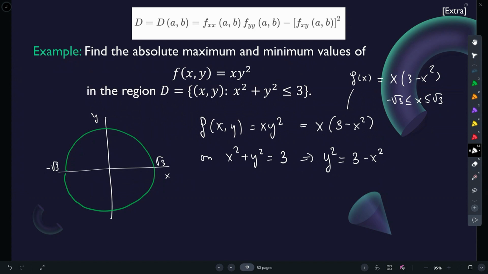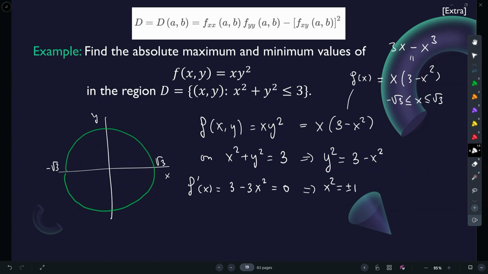So to figure that out, I can do critical points on this function. As a function of 1 variable, this is, by the way, 3x minus x cubed. The derivative is 3 minus 3x squared. And the critical points for that function will be when this is 0, and that tells me that x squared is 1, so x is plus or minus 1.